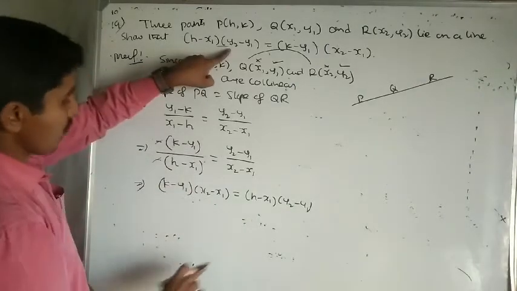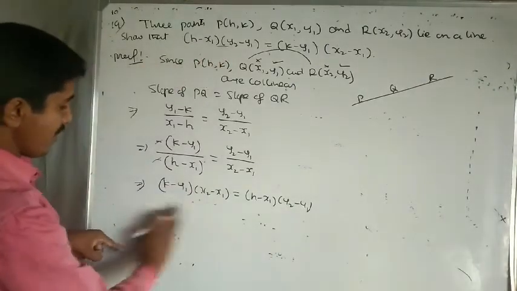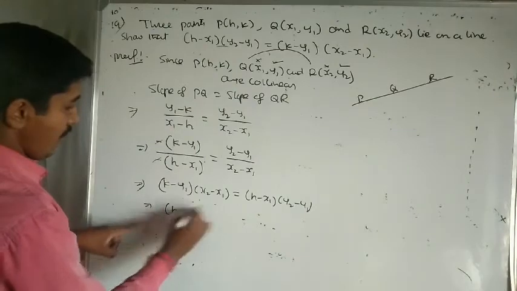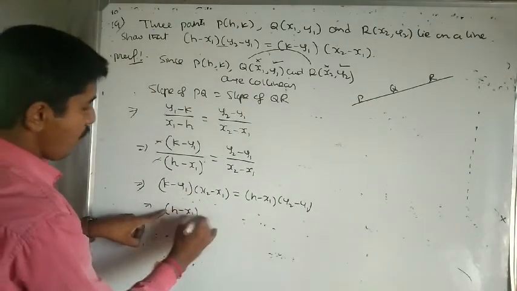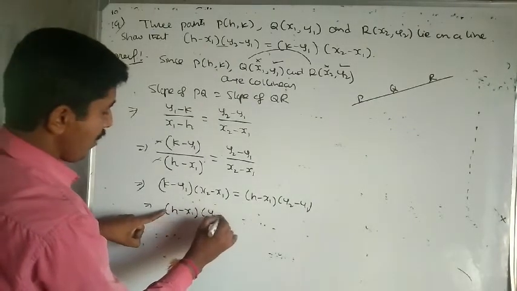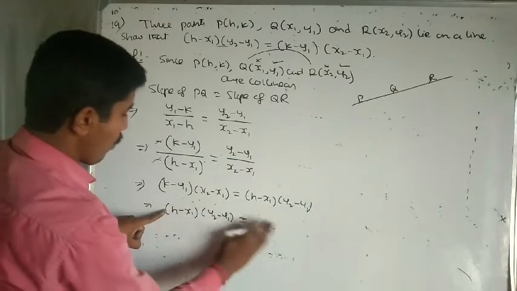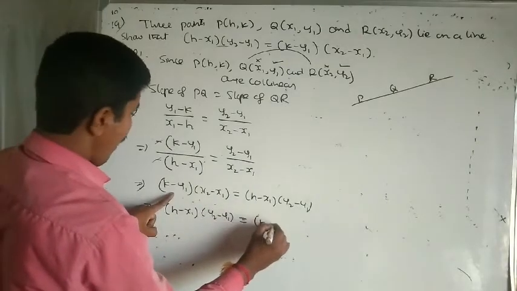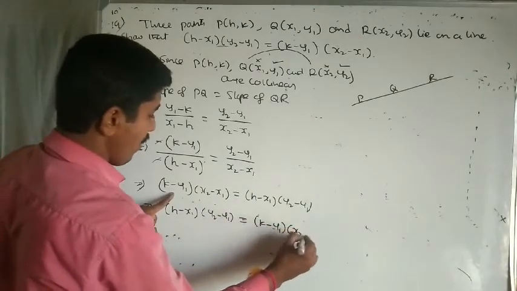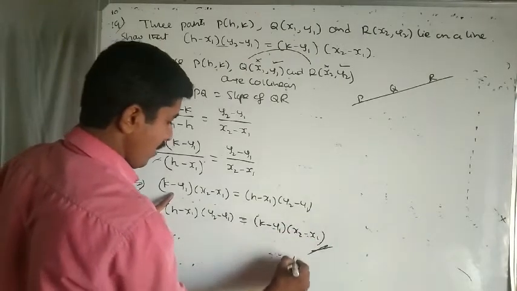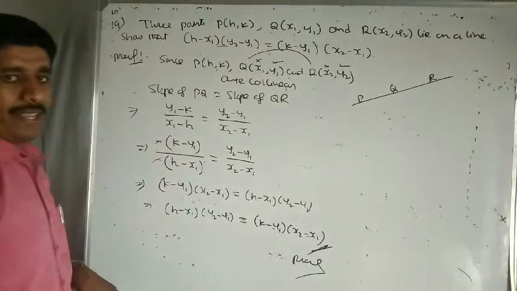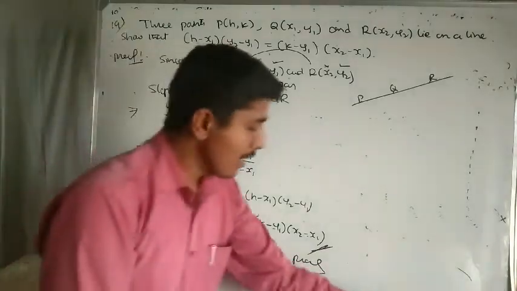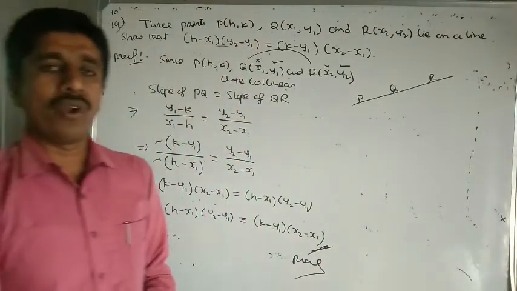So h minus x1 into y2 minus y1, interchanging LHS and RHS, is equal to k minus y1 into x2 minus x1. Hence it is proved. That's a very easy one. This exercise has been finished. Now go on to the next one.